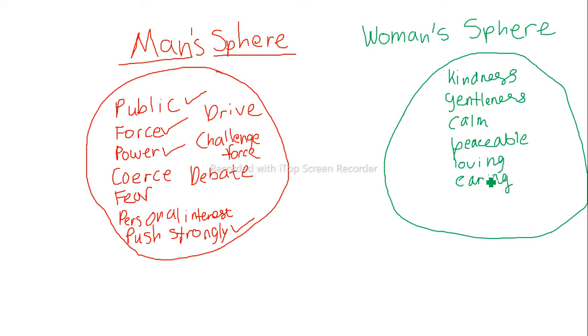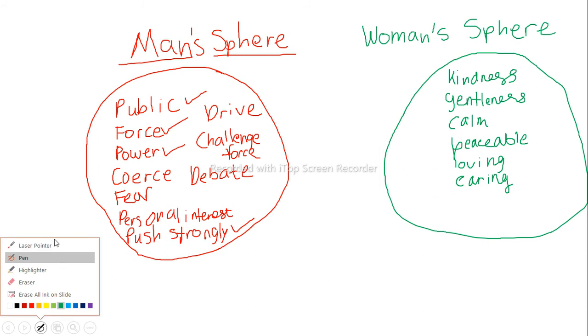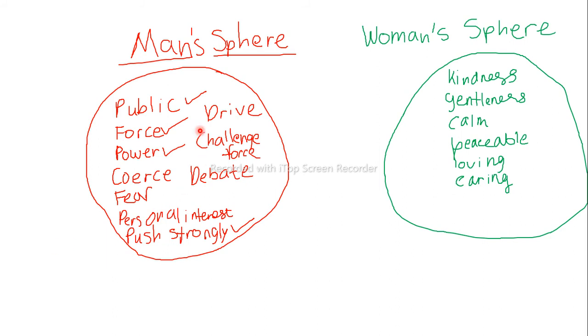Do we agree with this woman's thesis? This is her thesis right now. She can say this 100 times over and over. This is her point right here. She's saying that man can use violent, forcible, and driving factors, and they can interact in the public space.